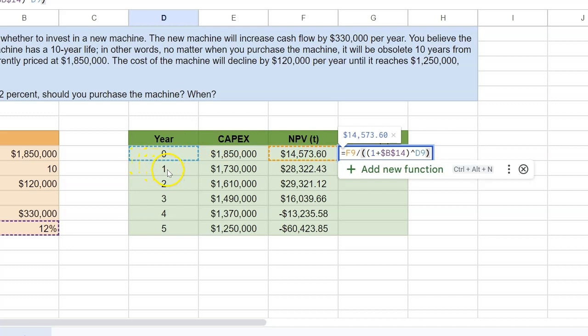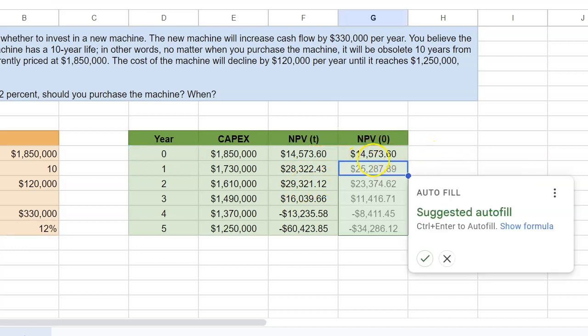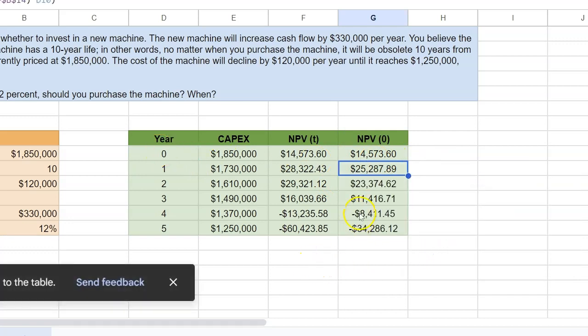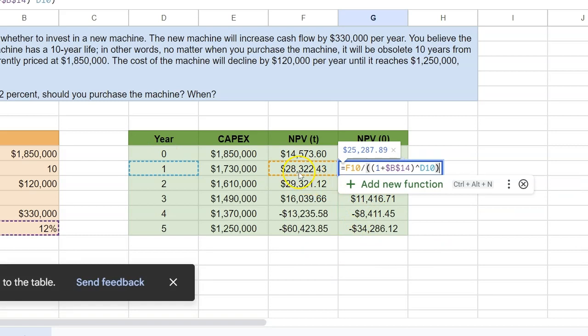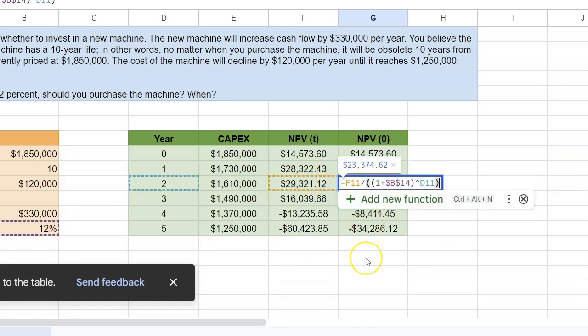If we are at time period 1, then I'll be raising this to the power 1 because I need to discount this number back 1 year. Similarly, I want to discount 29,321 back 2 years, and through this formula, I will basically be doing that. So now if I press enter, obviously it has no impact on this number, but now if I automatically fill this up, notice that I'm discounting this number back 1 year, this number back 2 years, and so on and so forth.